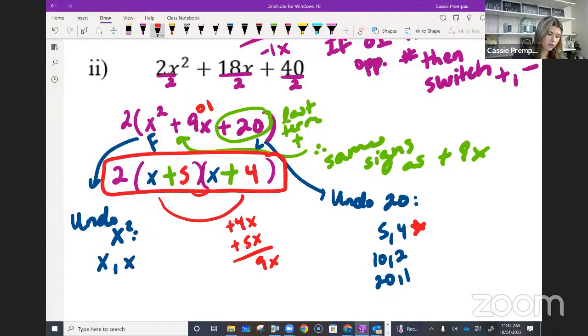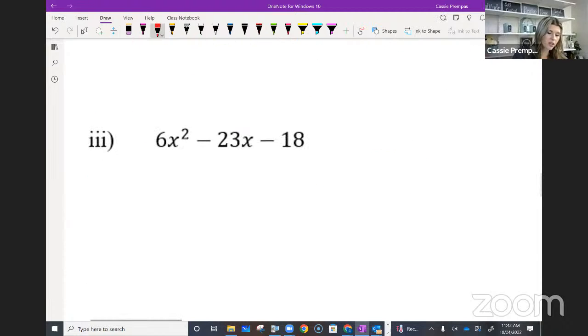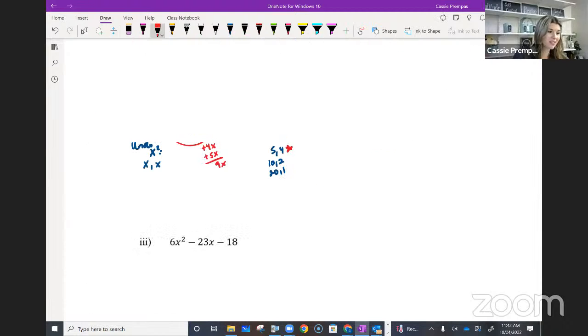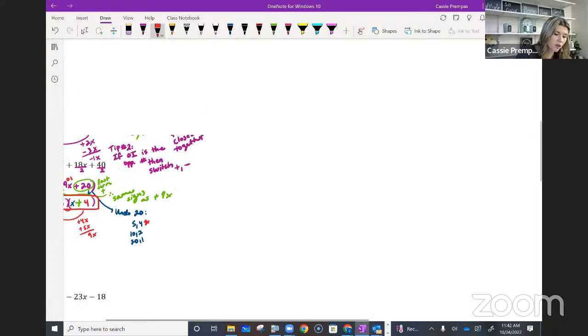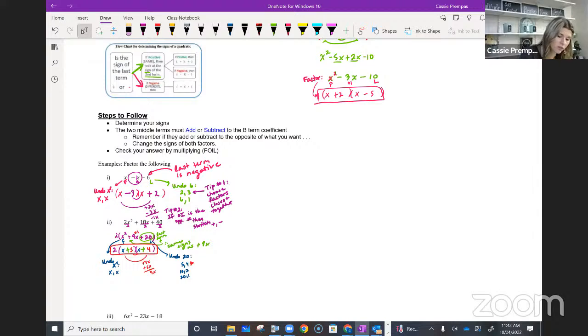All right, let's try another one. Actually, before we try this one, I want to give you guys another one off to the side. You guys have space on your notes for one off to the side. Try this one on your own, especially since you have the flow chart in front of you. Try to factor this piece, x squared minus 5x plus 6. Use the flow chart.